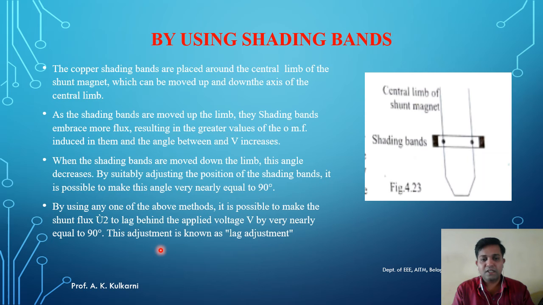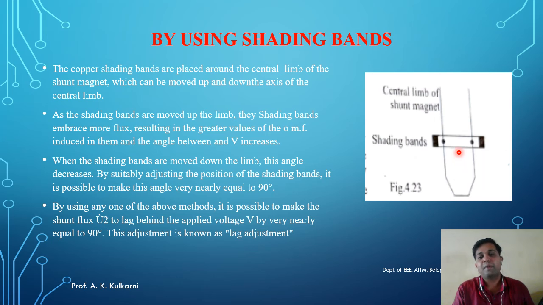So this is called lag adjustment. This method is also called a lag adjustment device. We can adjust the lagging of the flux, or you can call it the current, and the voltage. The angle between voltage and current can be adjusted with the help of the shading bands, by moving the shading band in the upward or downward direction.